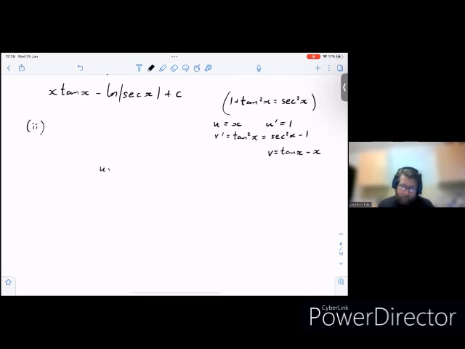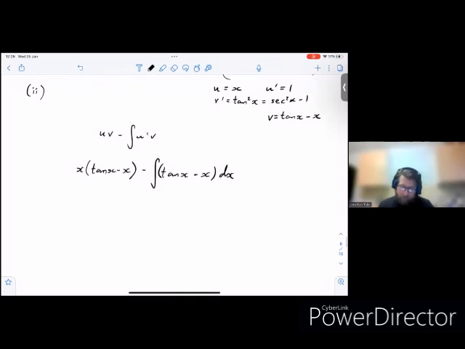So our integral uv minus integral of u dash v will become uv, which is x times tan x minus x, minus the integral of u dash v, which is tan x minus x dx. And here we can integrate this.